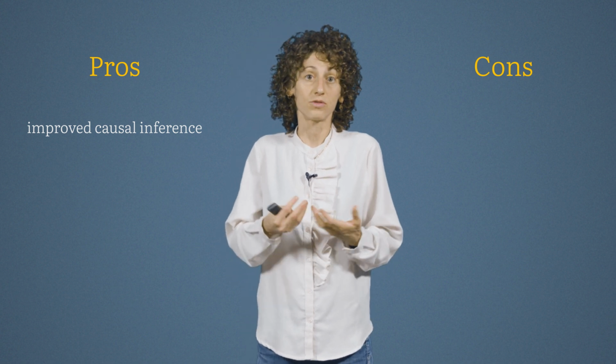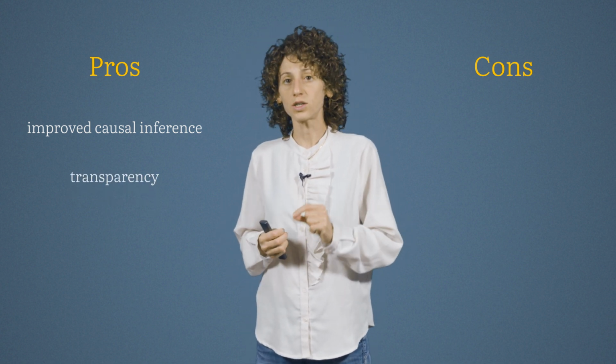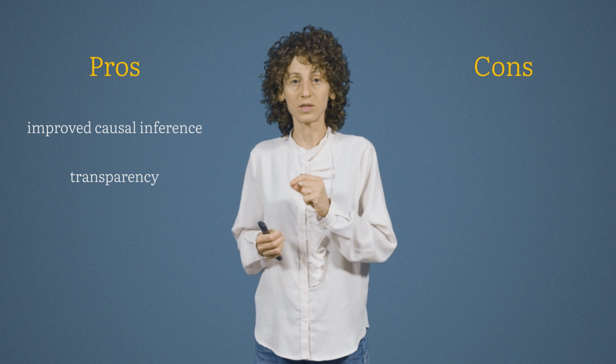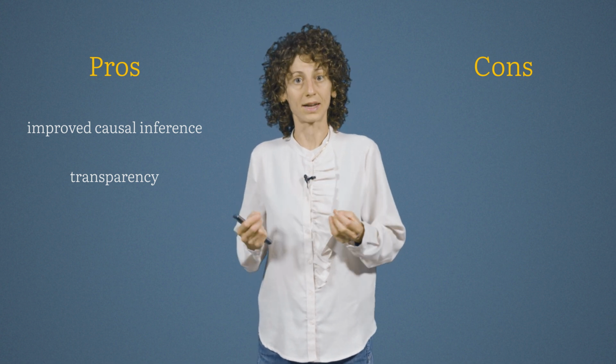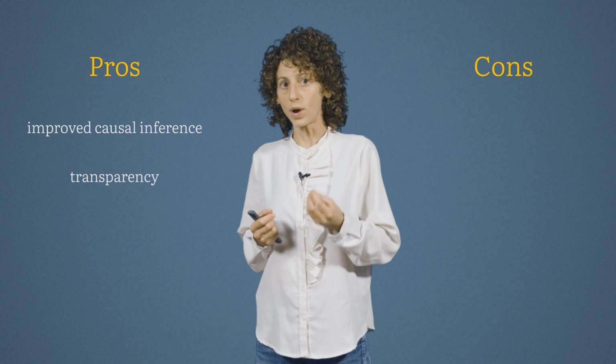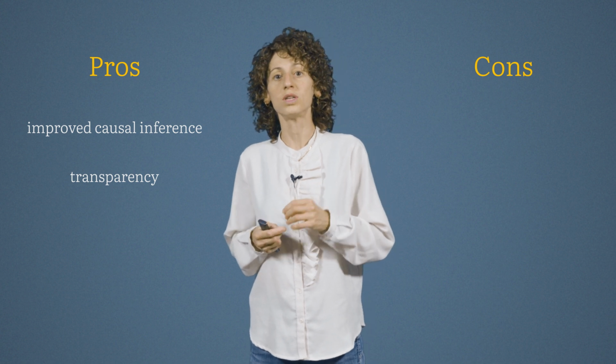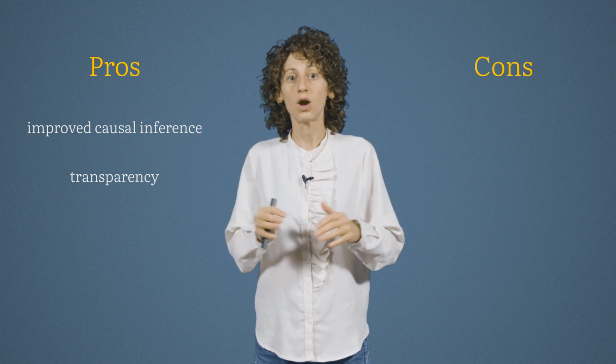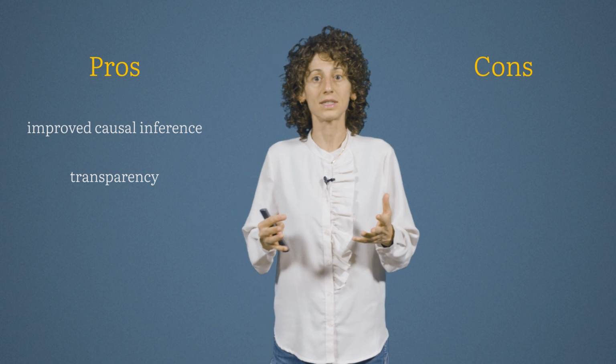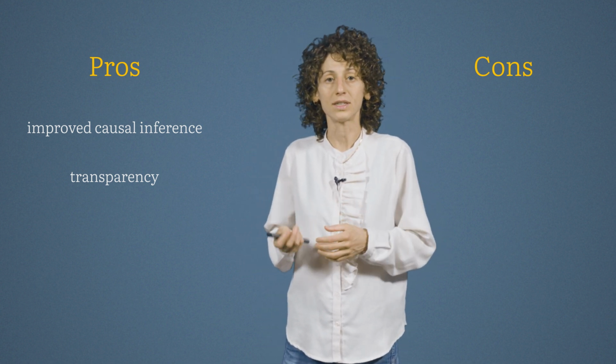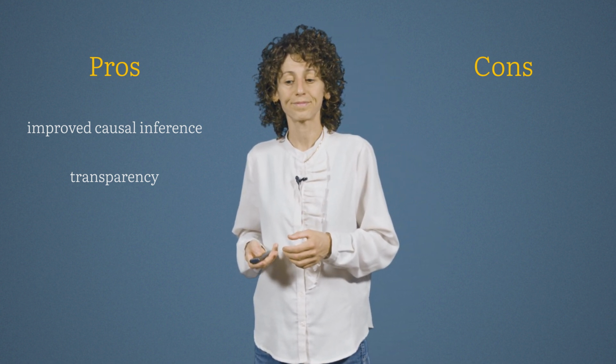Another pro is transparency. The construction of the synthetic unit is based on observable characteristics, and the weights assigned to control units are explicit, allowing for an intuitive understanding of how the synthetic group was created.